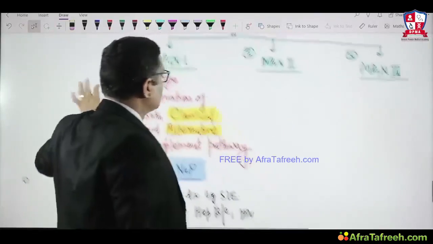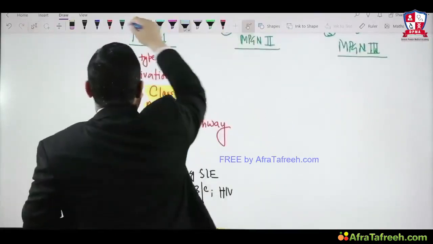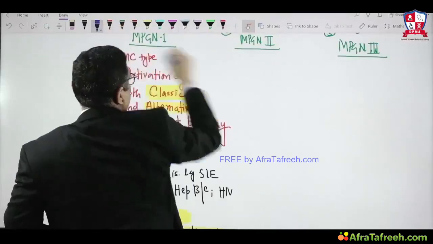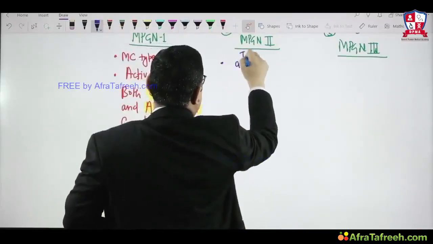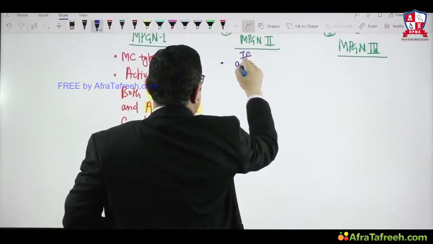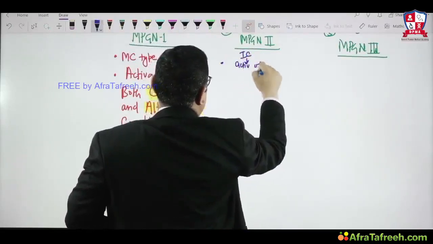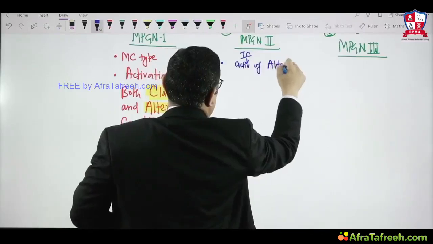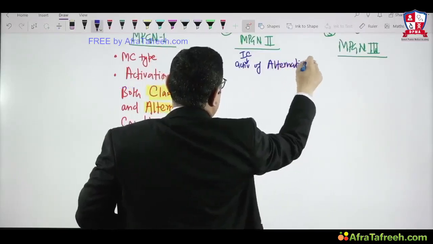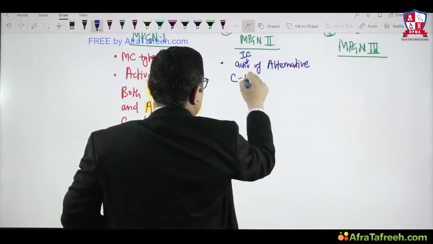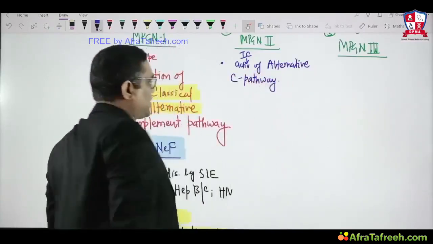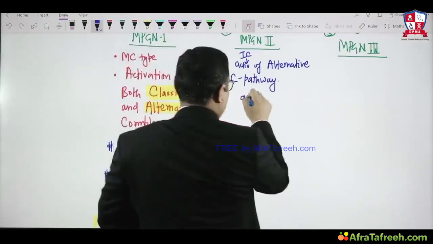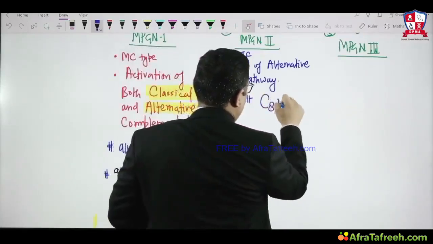MPGN type 2 is the second most common type, and here the immune complexes are formed due to activation of the alternative complement pathway because of the presence of C3 nephritic factor.